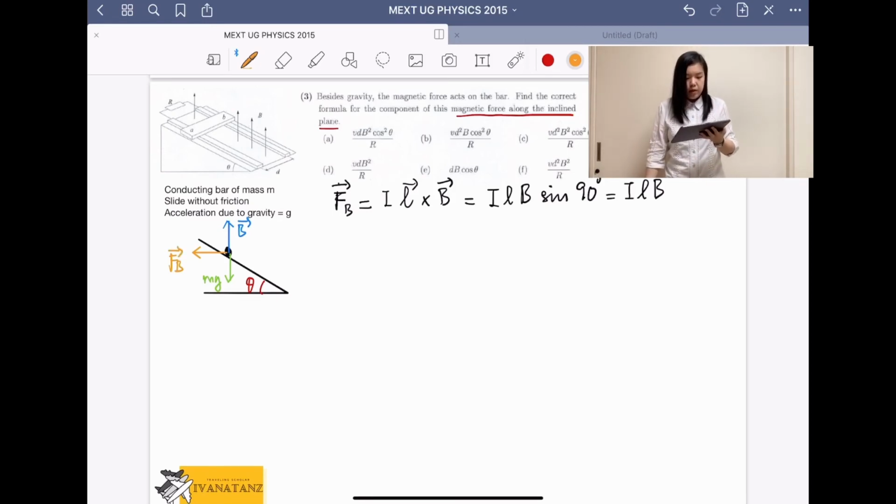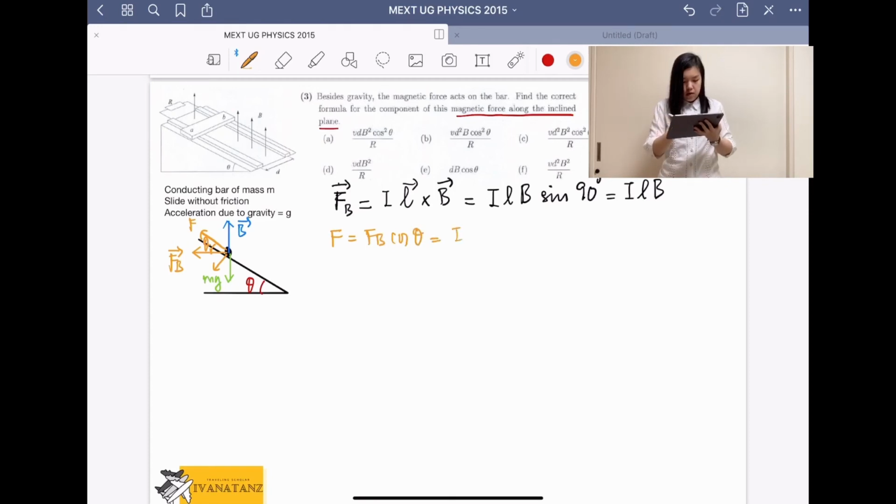Okay, but it wants the magnetic force along the inclined plane. So we need to break it into the normal component and the component that is along the inclined plane. So this F is what we are looking for. Just now the theta is here, so the theta is also over here. As you can see, F equals FB cosine theta.